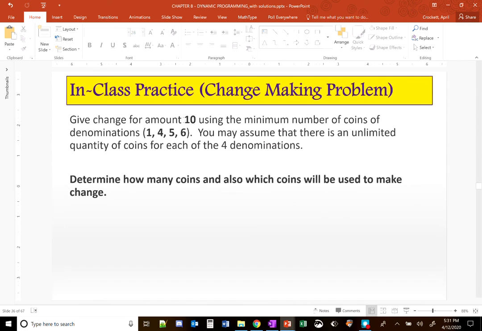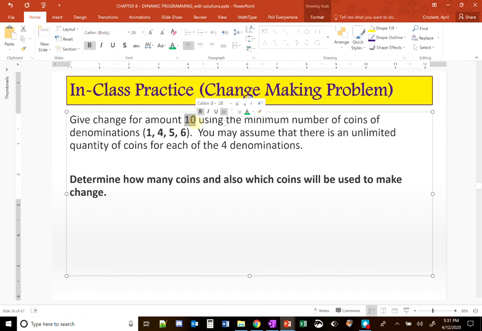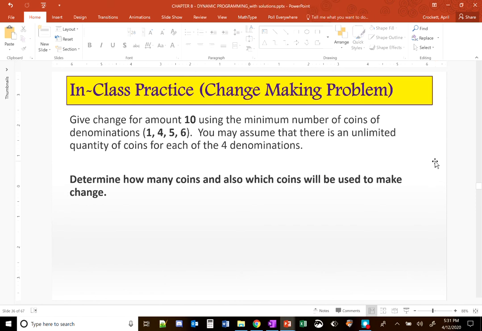So give change for amount 10 using the minimum number of coins of denominations 1, 4, 5, and 6. You may assume that there's an unlimited quantity of coins for each of the 4 denominations. Then I would also like you to try to determine how many coins and also which coins will be used to make the change. So the how many part is easy, and then figuring out which coins would be used is just a little bit harder.